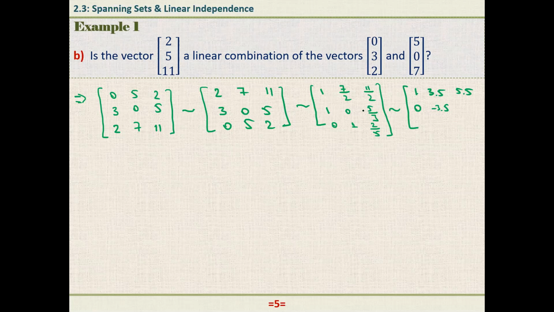We just multiply: minus 5.5 plus 5 over 3 is equal to minus 23 over 6. And here we have 0, 1, 2 over 5.